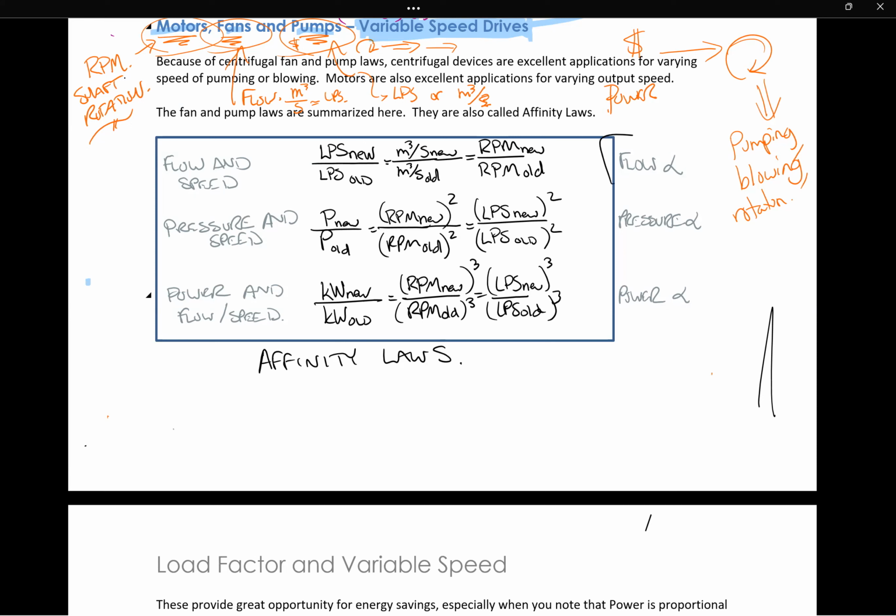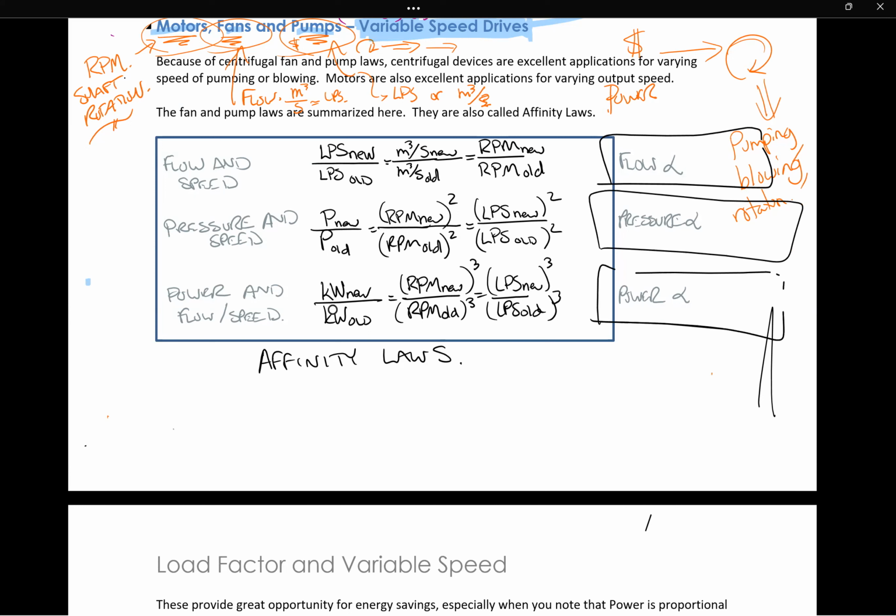So what do they say? What is my point here? My point is that the affinity laws are pretty special. If we vary the speed, and remember the speed is what we are paying for here, we can directly vary the flow.